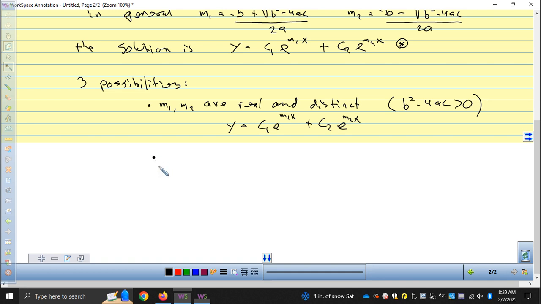Our second case, this is where we start needing to be a little careful. M1 and M2 can be the same. M1, M2 are real and equal. And this is the case when b squared minus 4ac equals 0. And in that case, M1 equals M2 equals negative b over 2a.